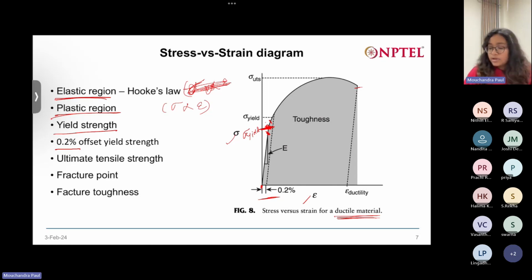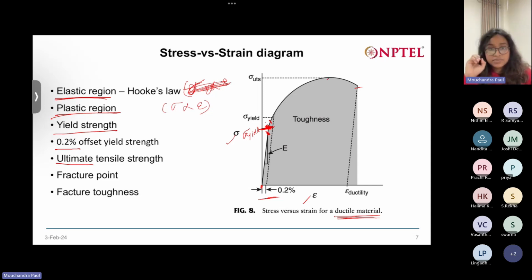Now there is another piece of information that we get from this graph, which is the ultimate tensile strength. It means the overall maximum stress that the material is able to endure. It is nothing but the peak, the highest point in this graph.